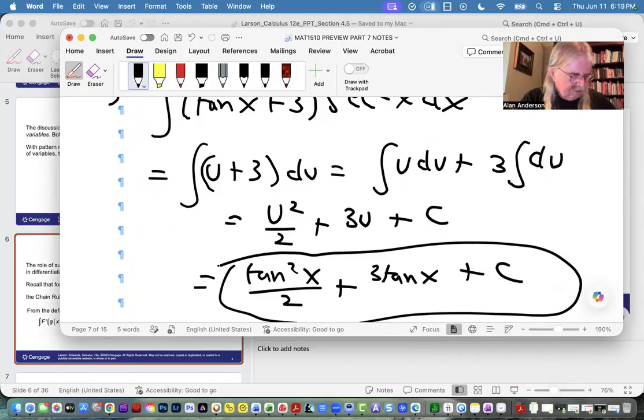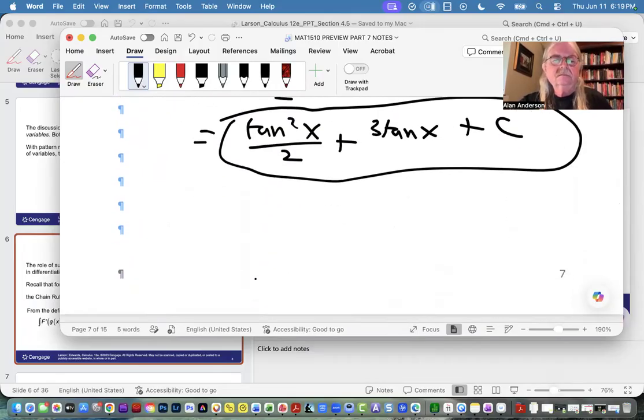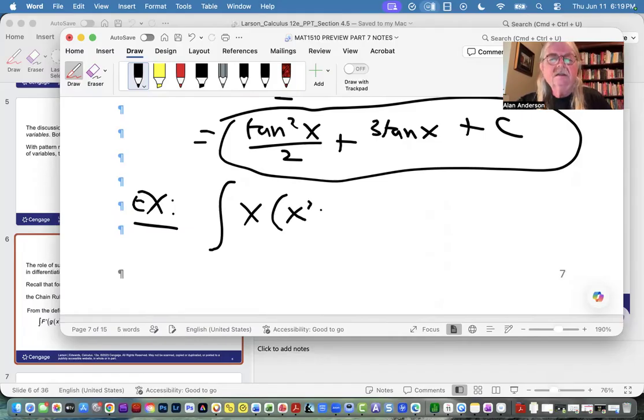So now what else can we do? I'm sure I have some more examples here. Yes. x squared plus 1 to the 4th dx.